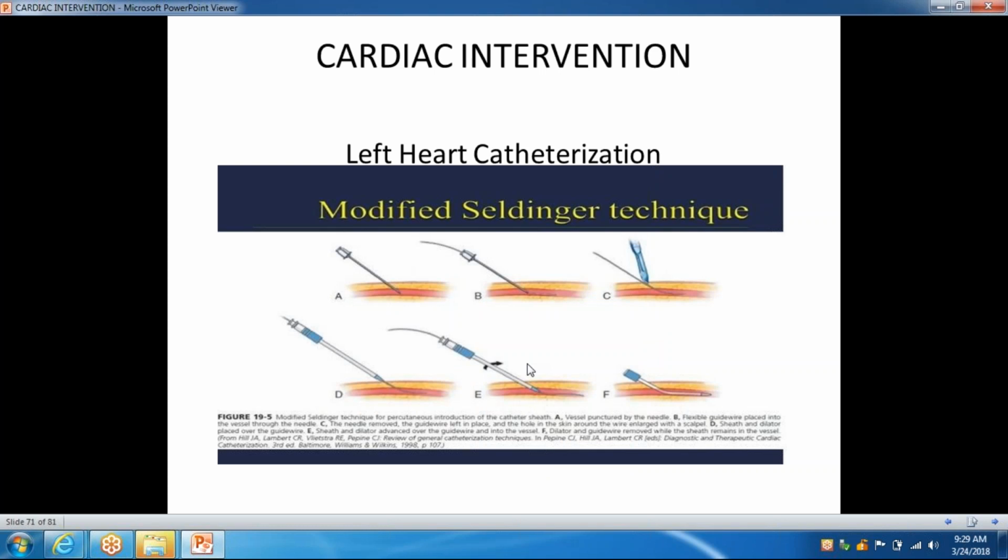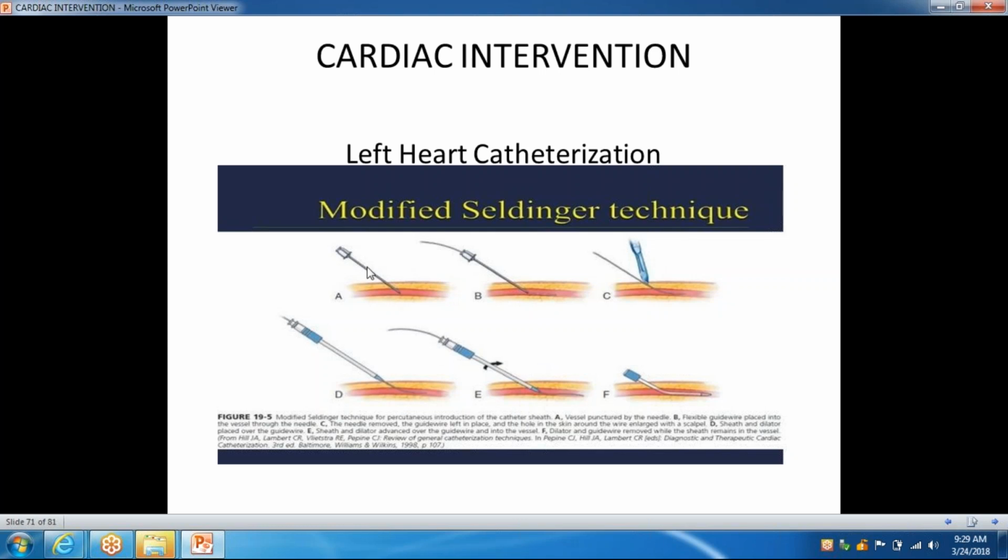When we do our procedure, you have to take care, because from start to finish, if you don't take care, then you're going to run into complications, and complications are always not good. So to get your vascular access, whether it's the radial or the femoral, we use what we call the modified Seldinger technique.